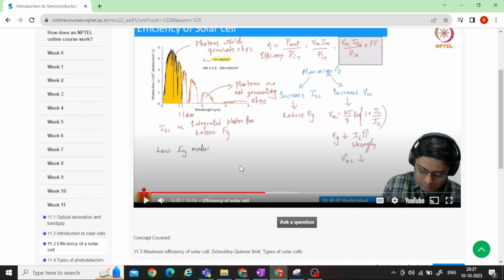If you reduce the band gap, Ni square increases, then Is also increases, and then VOC reduces.